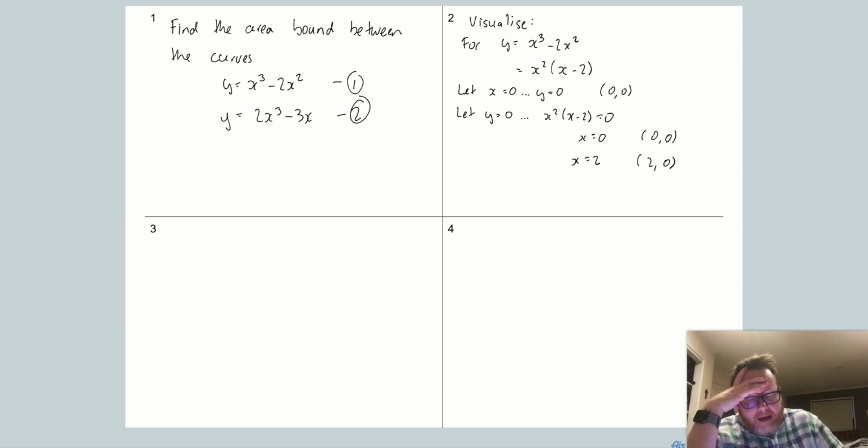The other thing I might point out here is that this is a squared 0, and so therefore you may or may not remember that this means that it bounces at that particular coordinate. Okay, so it doesn't cut through it, it bounces. So we've got a bounce, and then we've got a single 0 here, so it cuts through it at 2. Okay, so that's that one.